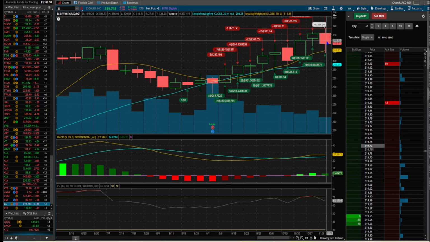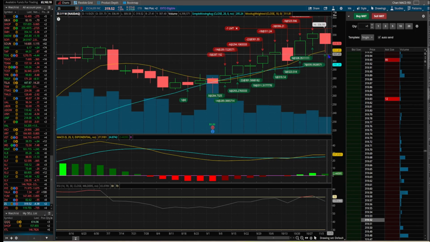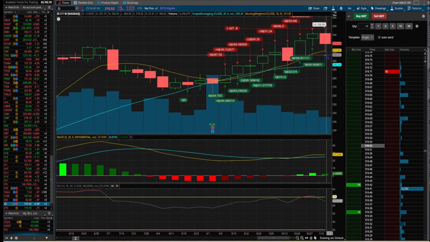So since I was just thinking about selling a book that I bought for $281, if I wait until price crosses below this fast moving average, that actually might be better, because I would be selling right around the $300, $305 range.